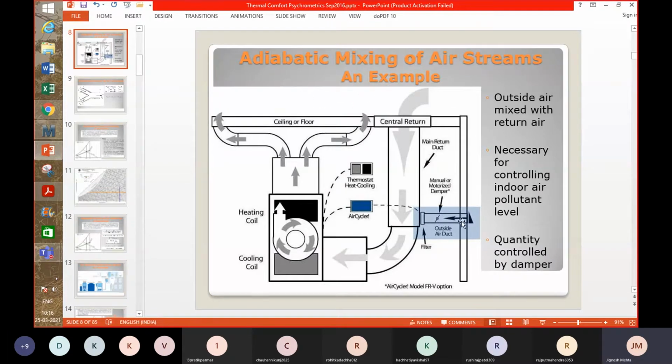So what you have to do is take outside air, which has less pollution as well as the required oxygen level. When you mix them, you are reducing the amount of the pollutants, and then you deliver it into the conditioned space, and that's how you keep the CO2 level as well as other pollutant levels in control.